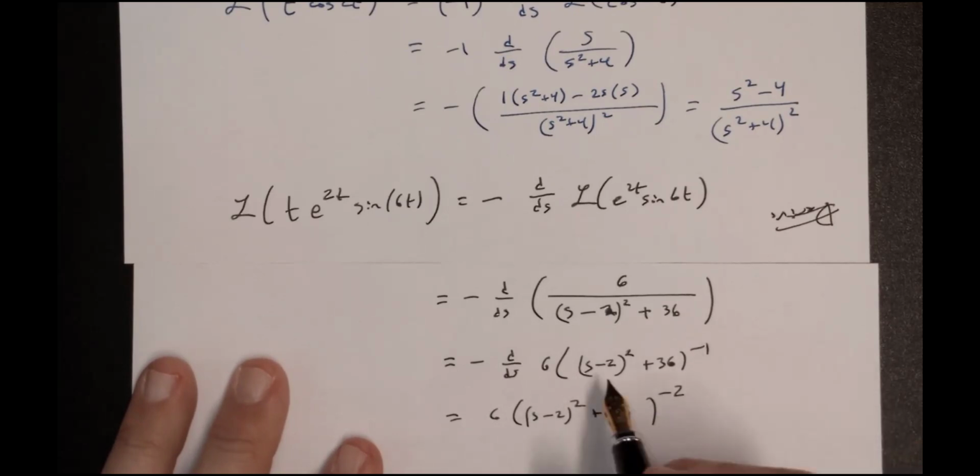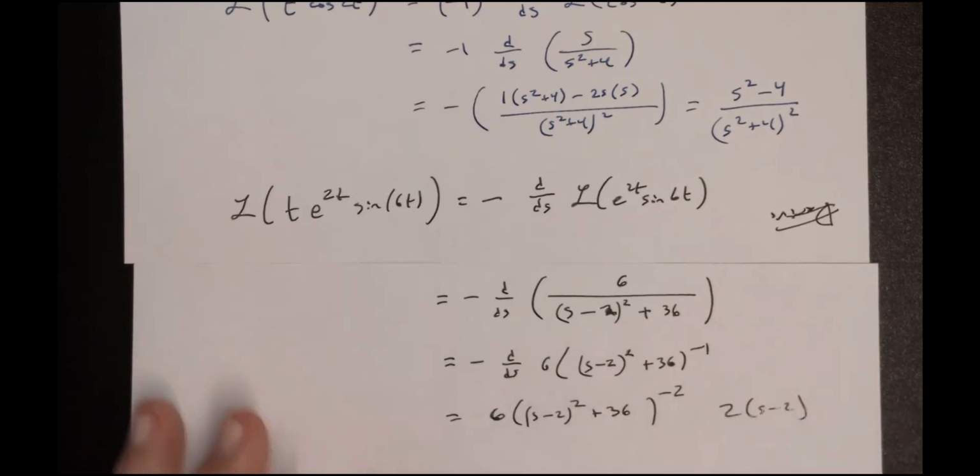The derivative of 36 is 0. The derivative of (s minus 2) squared is 2(s minus 2) to the first, again times the derivative of the inside. The derivative of the inside is 1. All of this stuff is to the negative 2 power. It goes on the bottom. (s minus 2) quantity squared plus 36, all squared. The top is 12s minus 24.